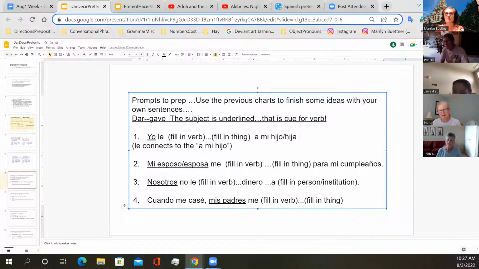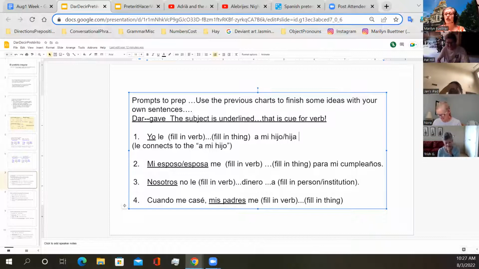Nosotros no le dimos dinero a nuestro primo, or cousin. Hay algo con nuestro primo. Nuestro primo muchas veces quiere dinero y es larga historia. It's a long story. Okay.